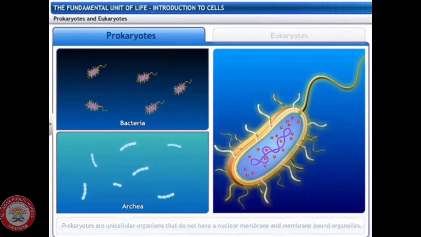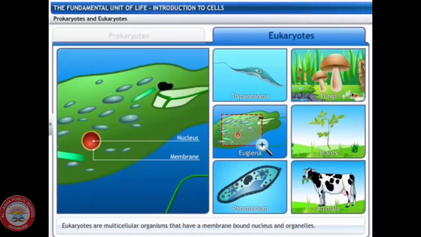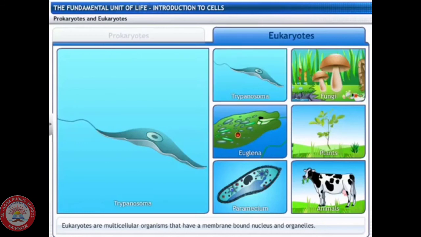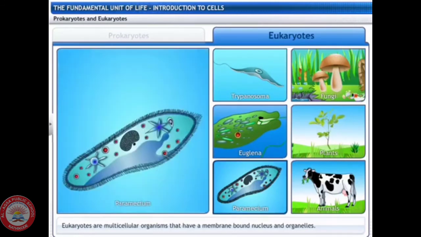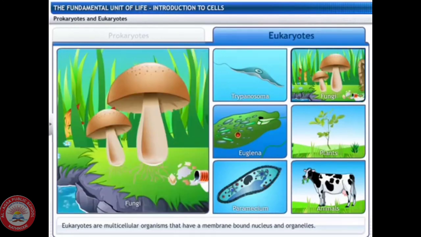Eukaryotes are characterized by a nuclear membrane and membrane-bound cell organelles. Eukaryotes can be unicellular like euglena, paramecium, trypanosoma, etc., or multicellular like fungi, plants, and animals.